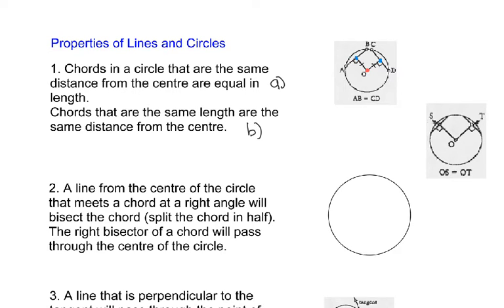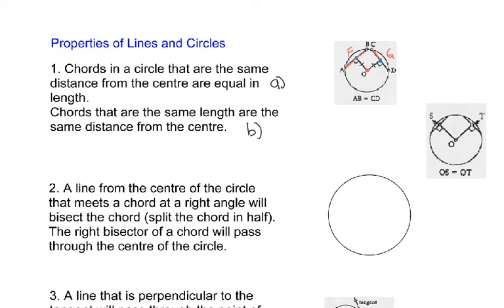We'll label this point and this point F and G respectively. Now try to remember that the chords are going to be along these lines here.